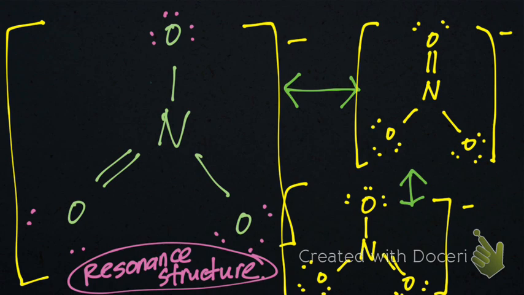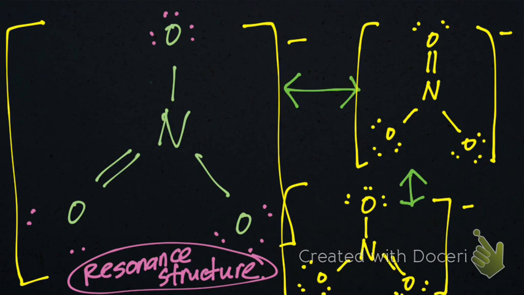And if you can superimpose all 3 of these on top of each other, you see nitrogen is not. Here's the thing. The double bond isn't sometimes on the bottom left. It's not sometimes at the top. It's not sometimes at the bottom right. It's actually all 3 of these structures happening at the same time as a resonance structure.